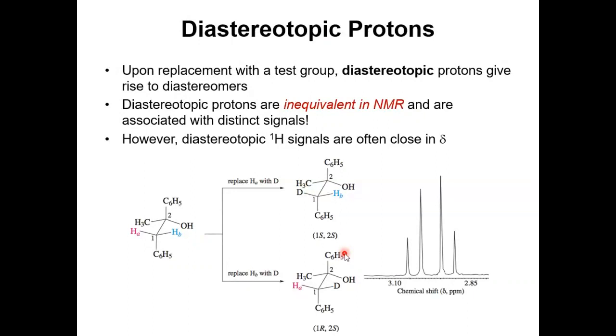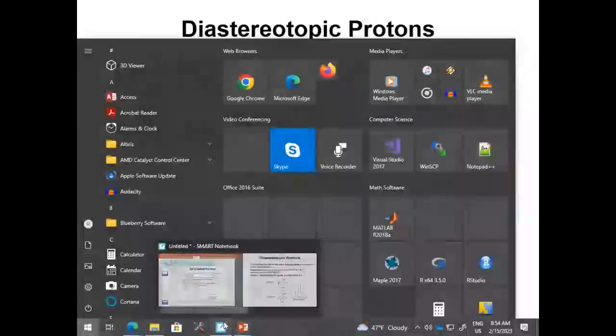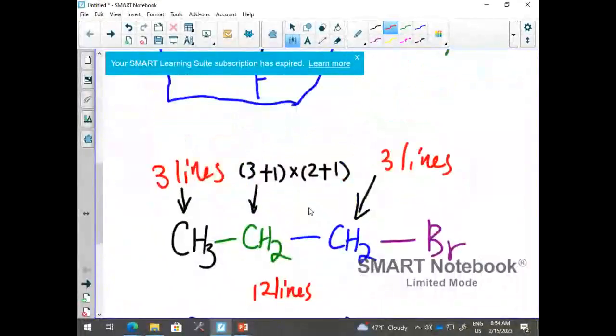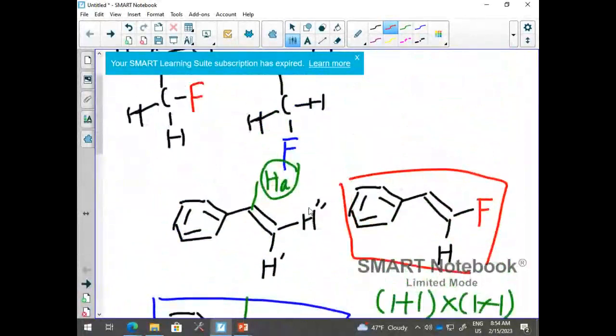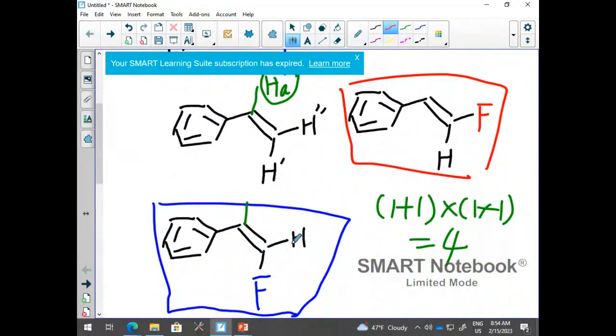But if the replacement of the two protons generates a pair of diastereomers, we know that those protons are not chemically equivalent, like the examples I showed you here. If you replace one of these protons with a test group, it generates one compound.